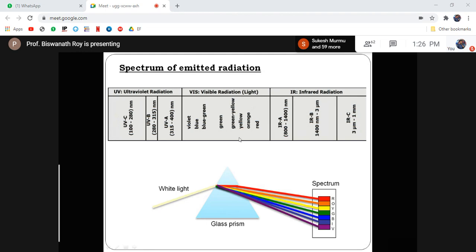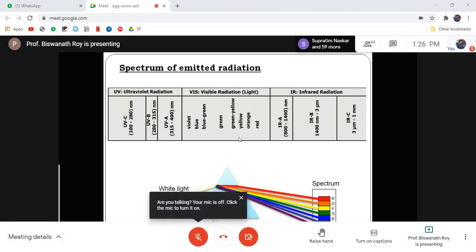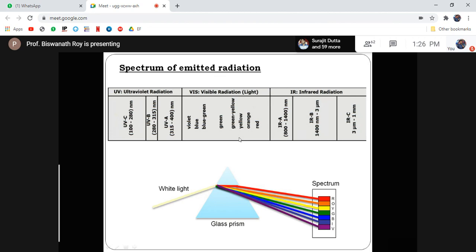Rather, ultraviolet radiation, visible radiation, and infrared radiation, the entire span, constitute the optical radiation. And when you feed power to any lamp, we get electromagnetic radiation within this range: ultraviolet, visible, and infrared.